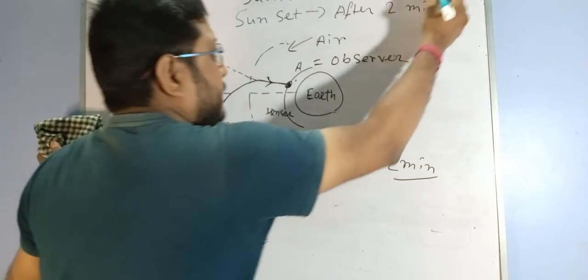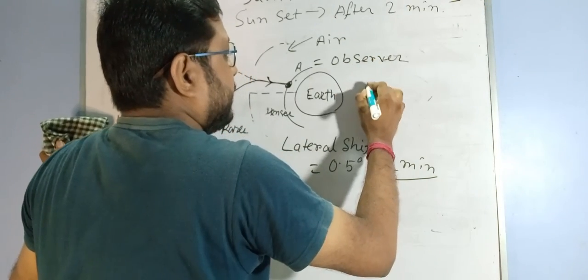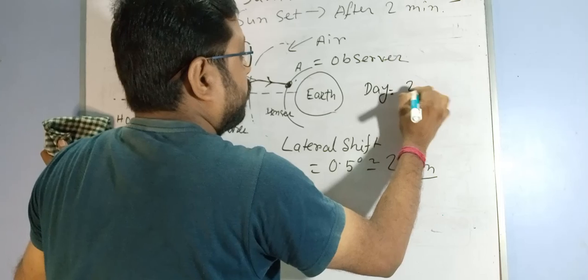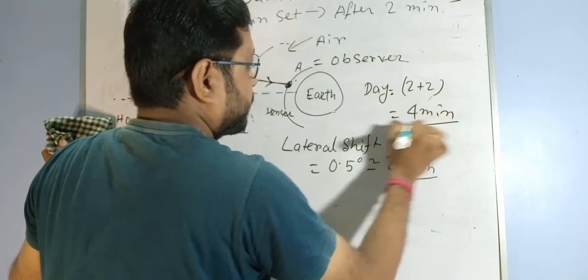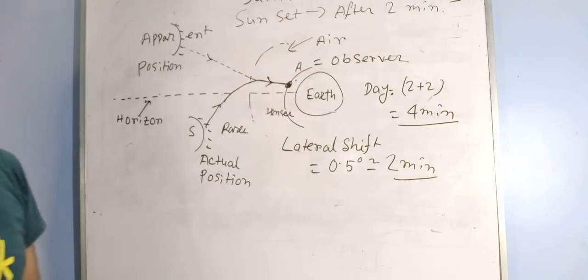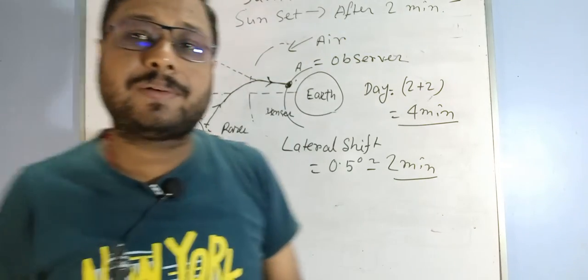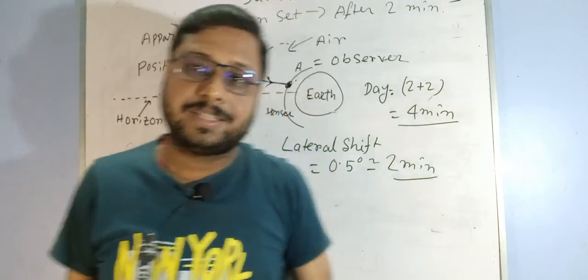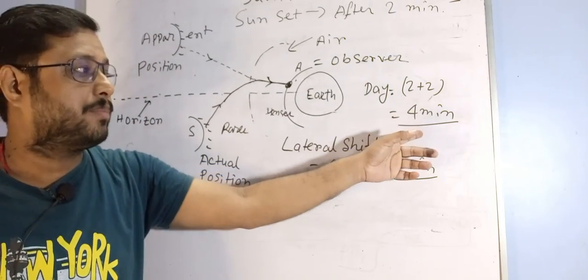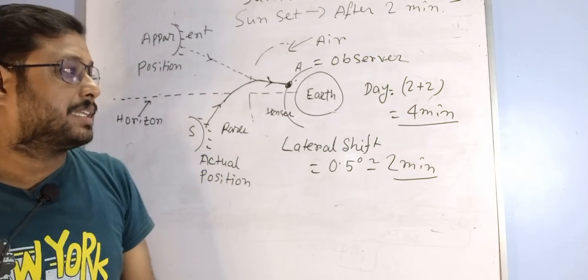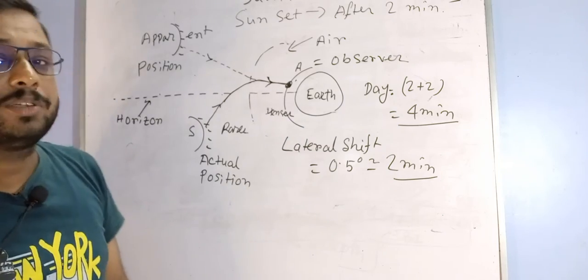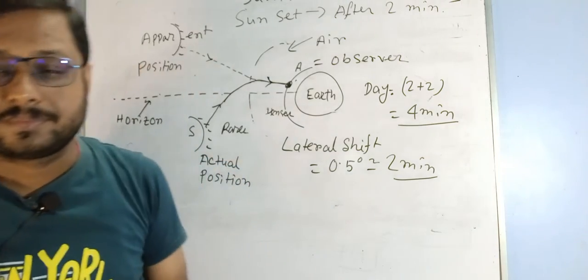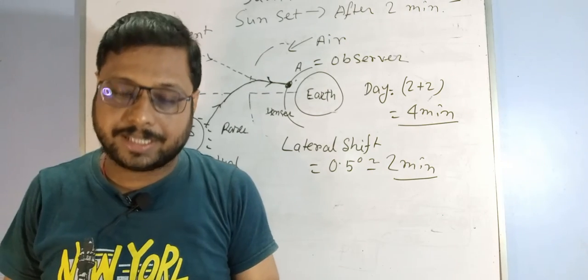This increases the length of day by 2 plus 2 minutes equal to 4 minutes. So if the actual day is 23 hours 56 minutes, the total length of the day increases by 4 minutes. This is also an application of refraction. I hope you all understand this.